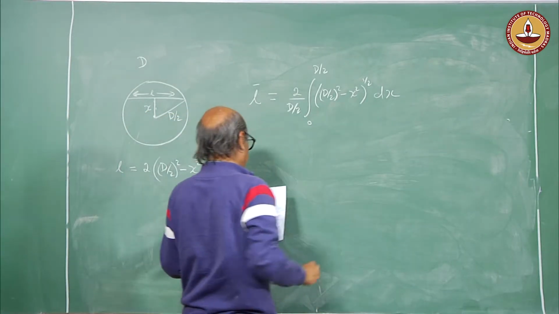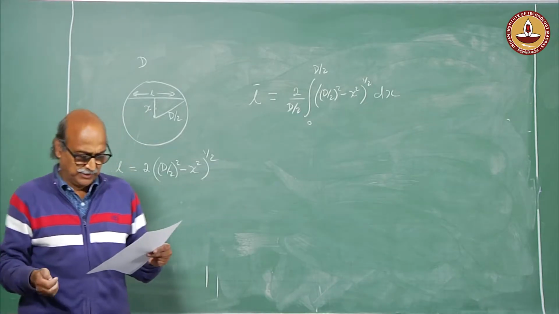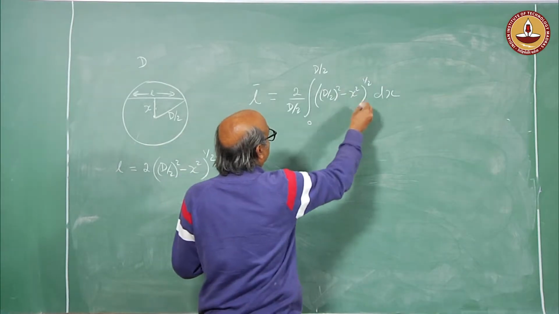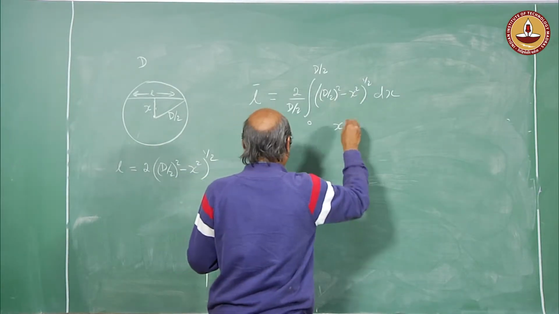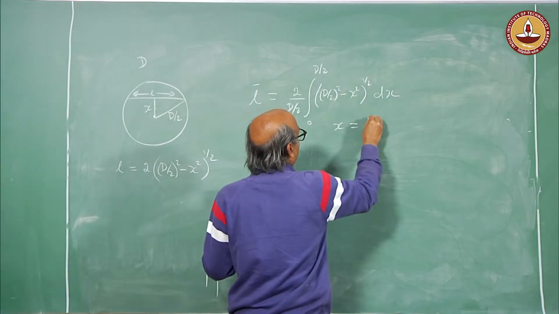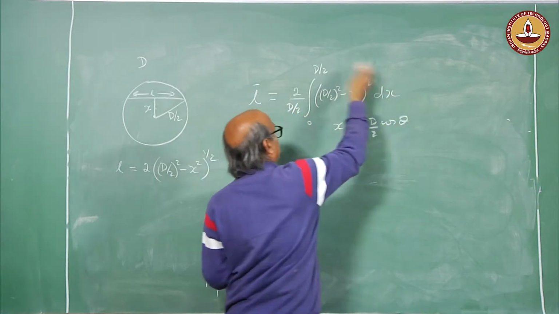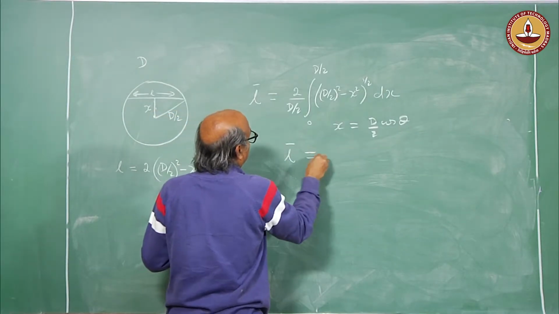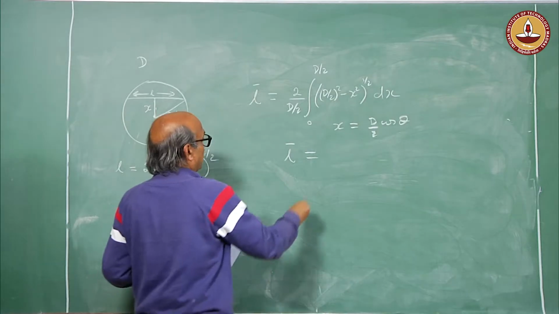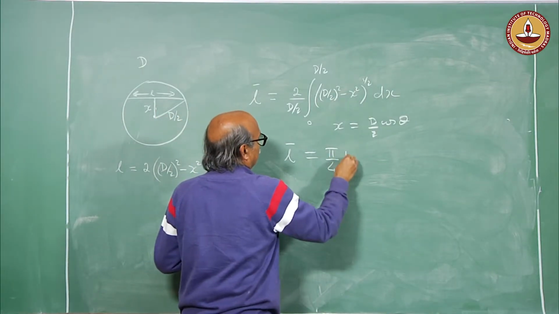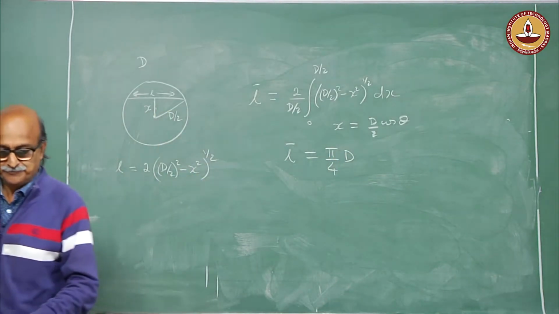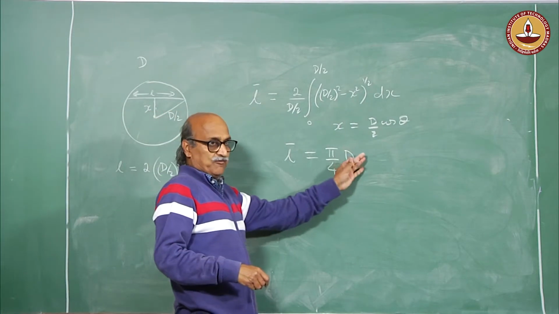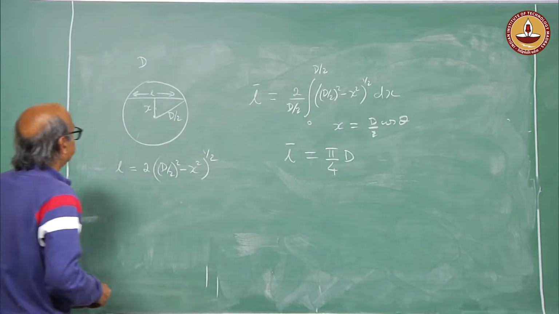I just have to integrate this again. This is a really simple integral. You just have to do the substitution, x is equal to d by 2 cos theta, just plug it in, and you will get mean intercept length to be equal to pi by 4 d. Okay. So, the mean intercept length is equal to pi by 4 times the diameter.